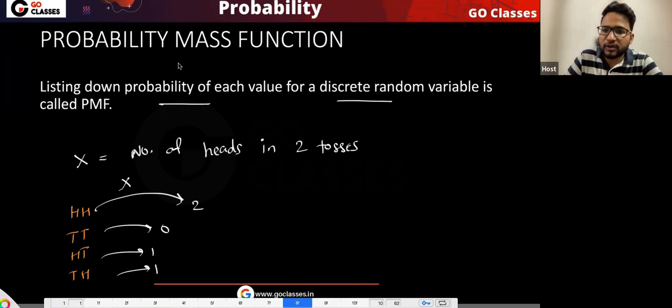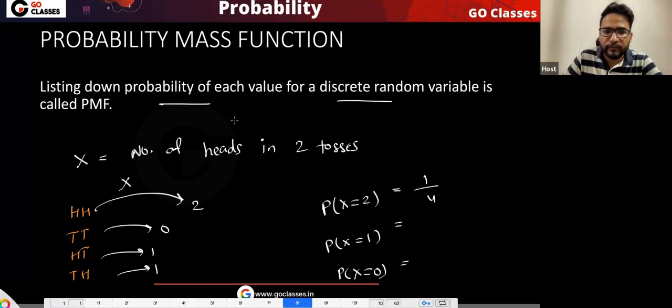Now if I ask you what is the probability that X equals 2, X equals 1, X equals 0, since X is taking 3 values, you will say the probability for X equal to 2 is 1/4, X equal to 1 is 1/2, and X equal to 0 is 1/4.